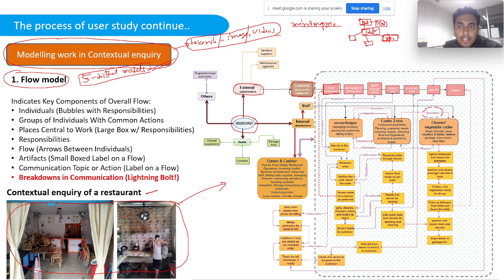Okay, so it says customer is one stakeholder, then maintenance agencies who maintain the restaurant from a cleaning or electrical or other supply point of view. Maintenance agencies are external stakeholders, and the vendors who supply raw materials, food raw materials, are also external stakeholders.